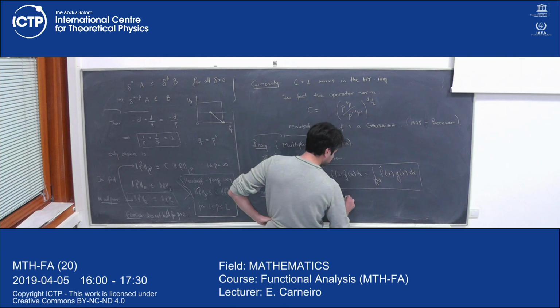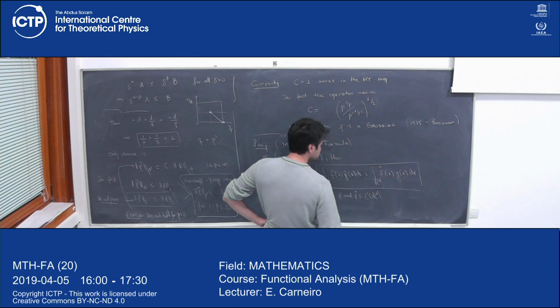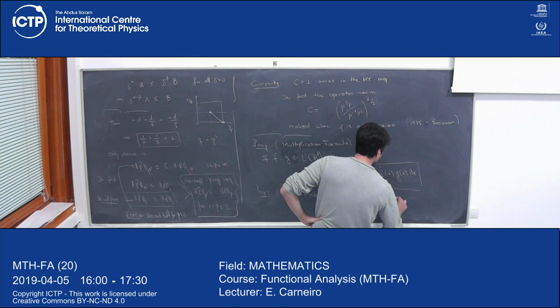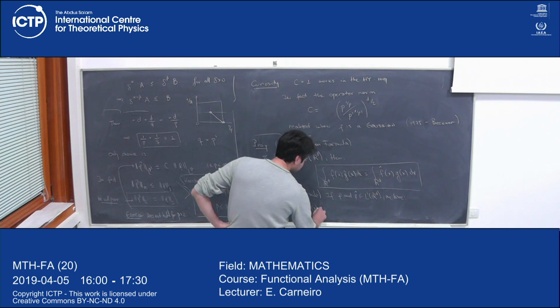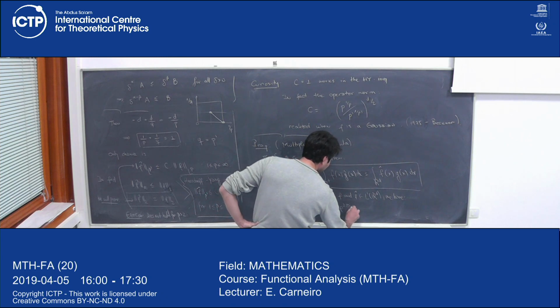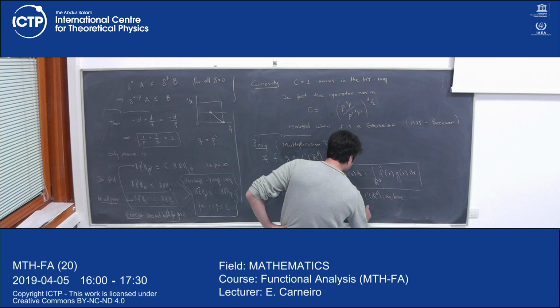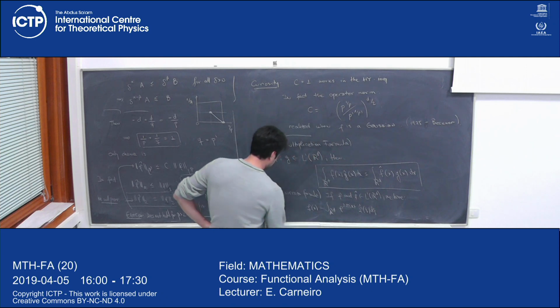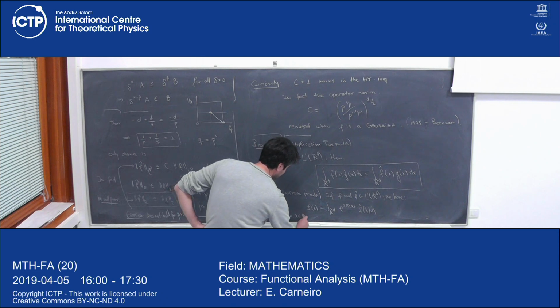If f and f hat both belong to L1, we have f of x is equal to the integral over R^d of e to the 2 pi i x xi, f hat of xi, d xi, for almost every x in R^d.